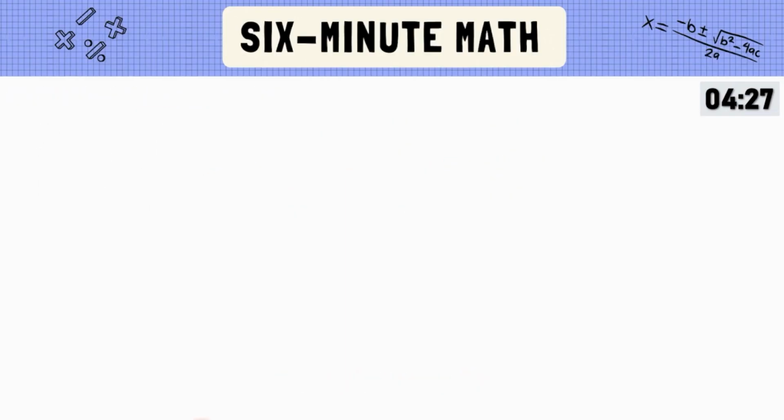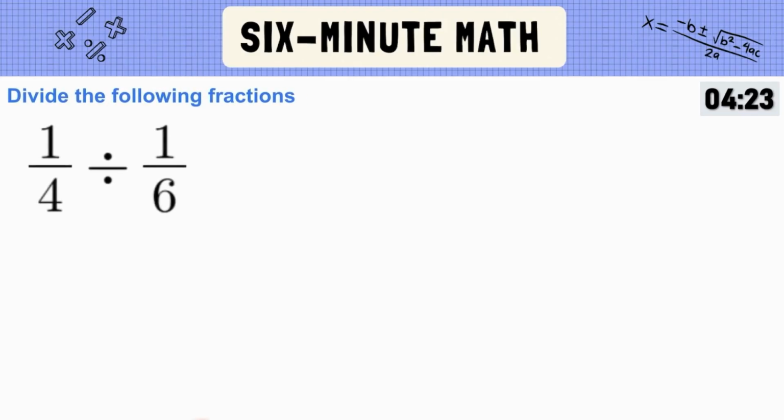How about another example here? We're going to divide 1/4 by 1/6, and in this case we are going to kiss and flip. All of our phrases started with keeping our first fraction the same, so this is going to remain 1/4 at the beginning.